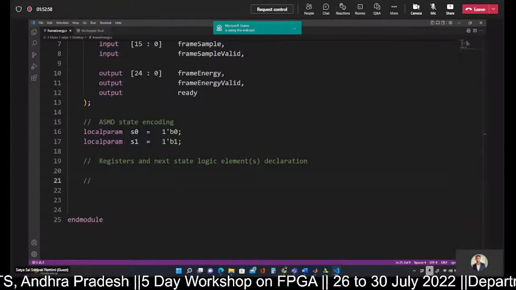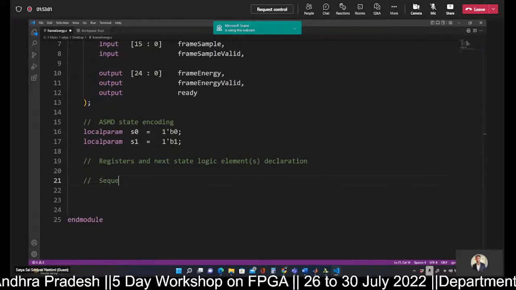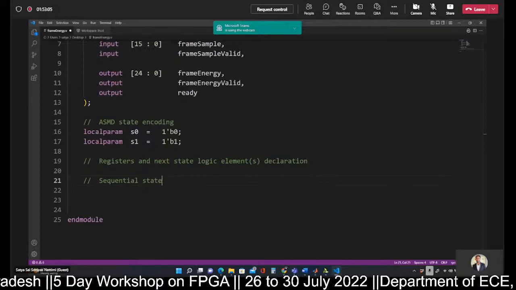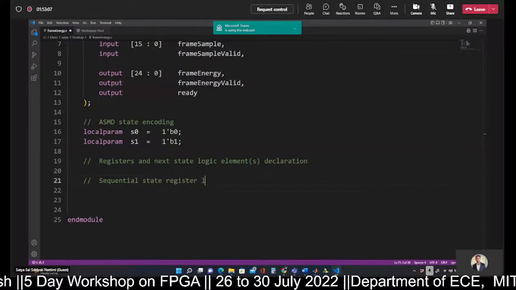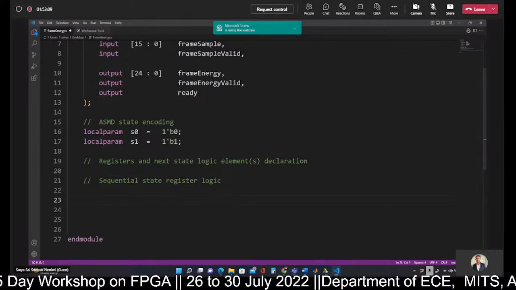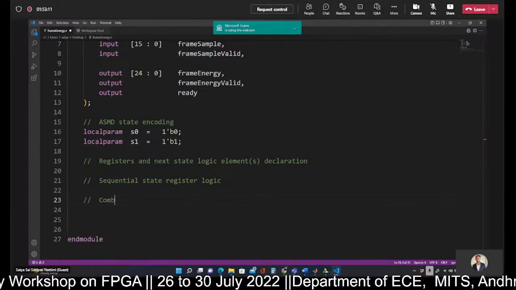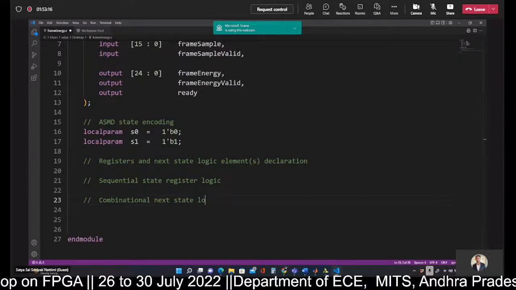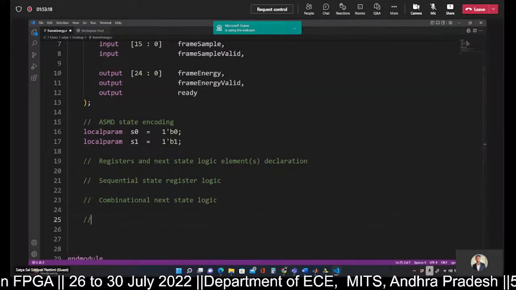So we have to write the register logic description, and next, the combinational next state logic we have to define.